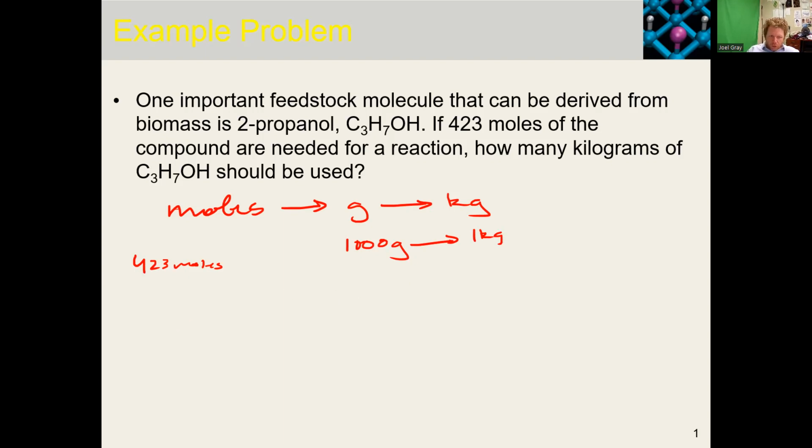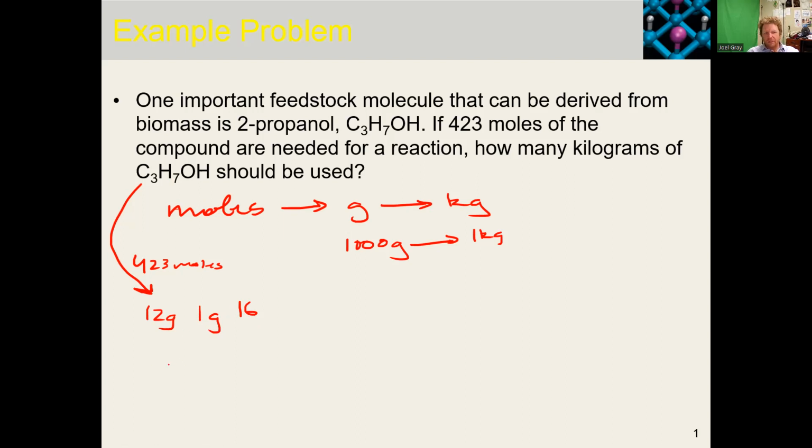What's worth noting is that for this sort of problem, you definitely need a periodic table. There are some pieces of information that I remember, and I can use those here. The molar mass of carbon is 12 grams. The molar mass of hydrogen is 1 gram. The molar mass of oxygen is 16 grams.